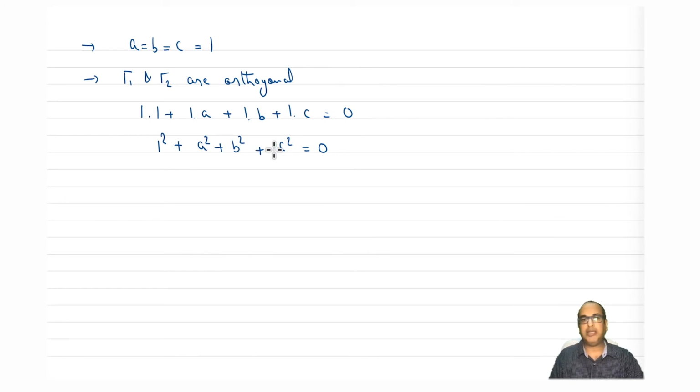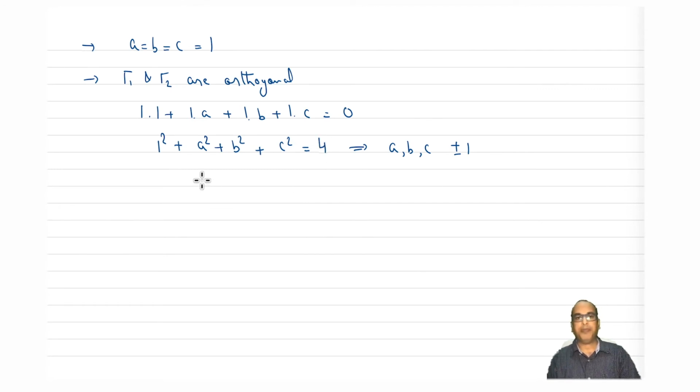This particular condition tells me that A, B, C can take the values plus or minus 1. Nothing else is possible. But the other one restricts the values. How does it restrict? Two of the products have to be positive and two of them have to be negative, so that the sum is equal to 0. Sorry, this one is not 0, this one is 4.